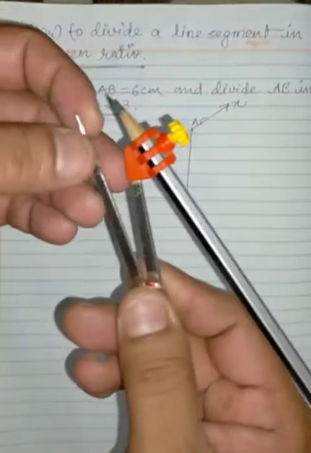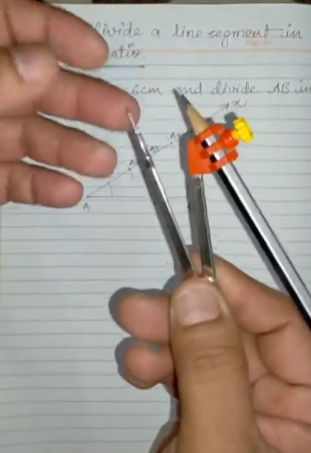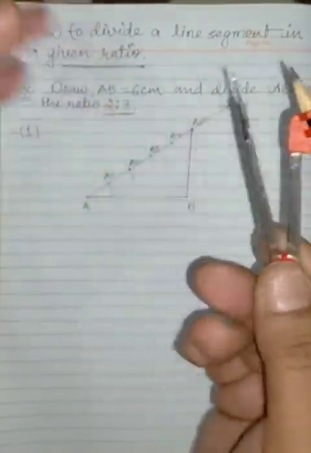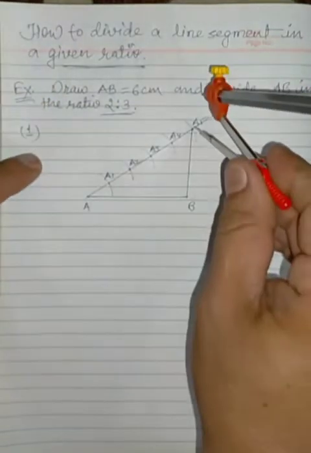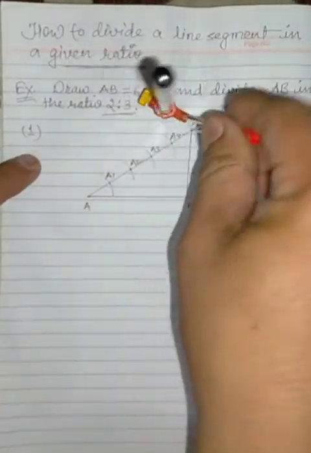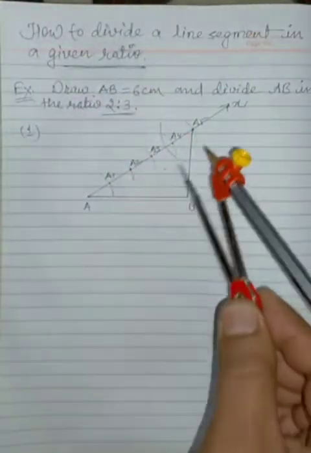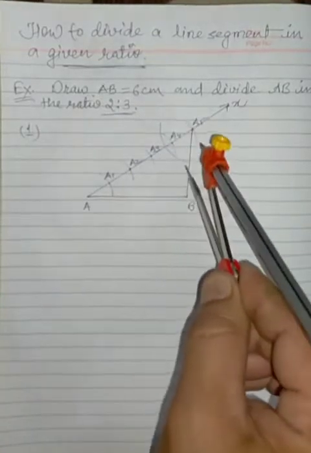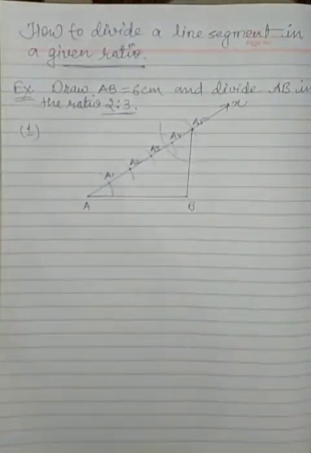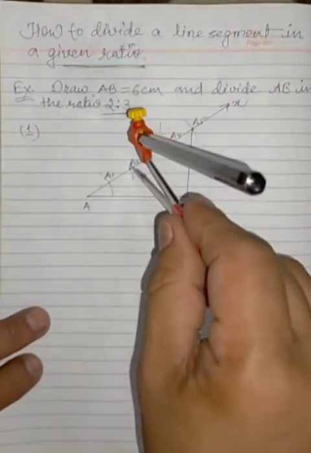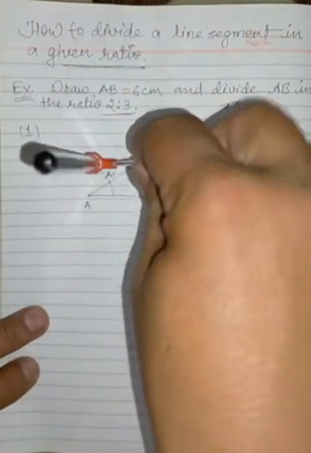You can change it also, because we are going to draw new arcs. So here I have changed the radius. Now from A5 I will draw an arc such that it cuts both the lines, this one and this one. Now go to A2, and from A2 also draw the same arc.